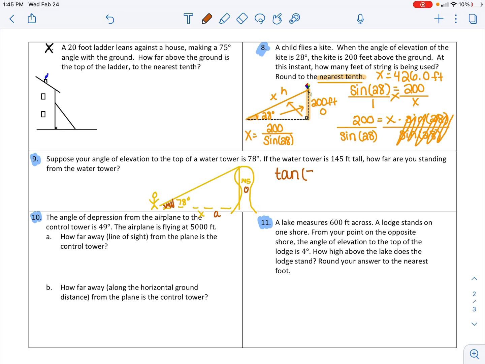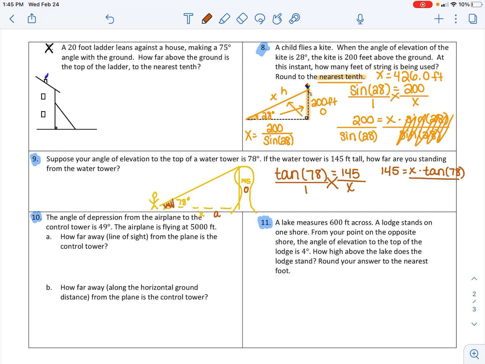We're going to say the tangent of 78 is equal to 145 over x. And we can cross multiply to find out what x is. So we get 145 equals x times the tangent of 78.